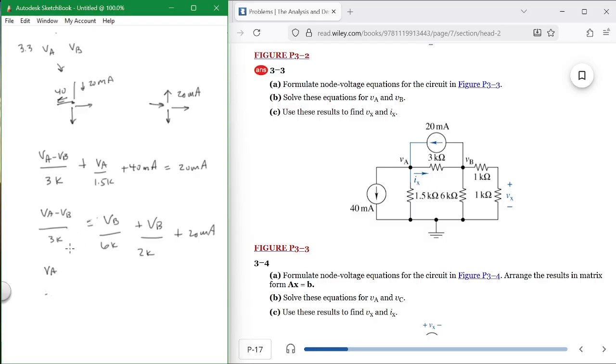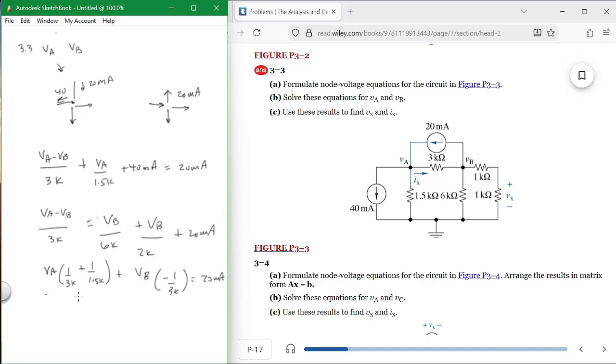VA times 1 over 3K plus 1 over 1.5K plus VB times minus 1 over 3K is equal to 20 milliamps.